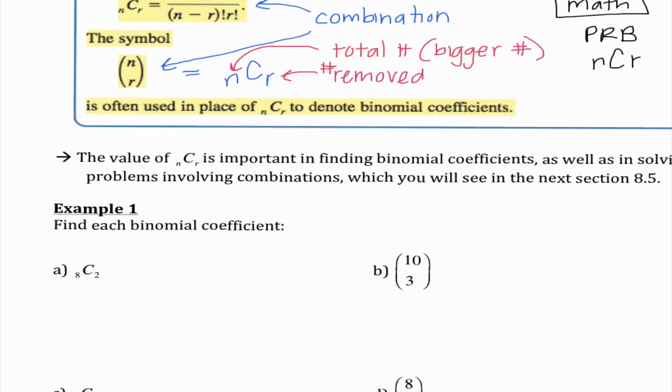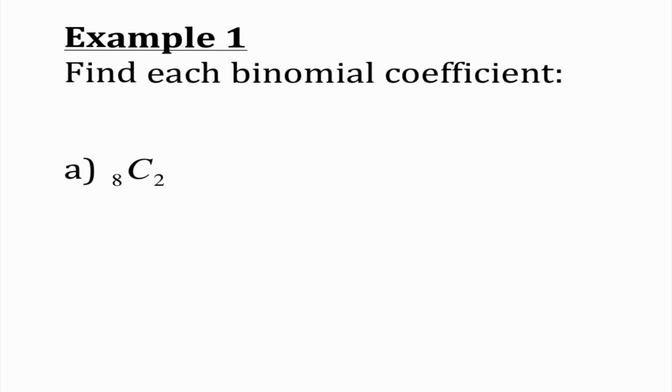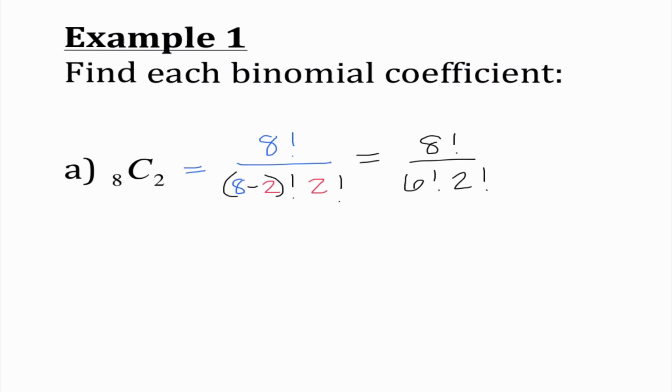Okay, so let's go ahead and look at A. It says 8 combination 2. So 8 is our n value, so that's going to go in the numerator. And then I need to do 8 minus 2, because 2 is our r value. And then I'm going to do 2 factorial. So if I go through this, I have 8 factorial over 6 factorial times 2 factorial.